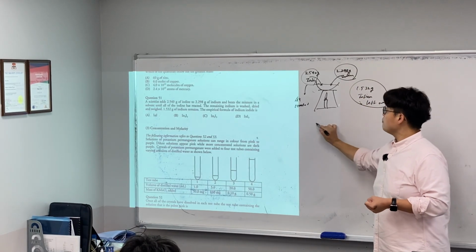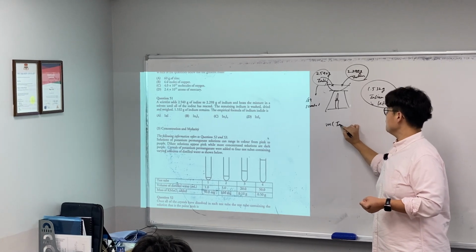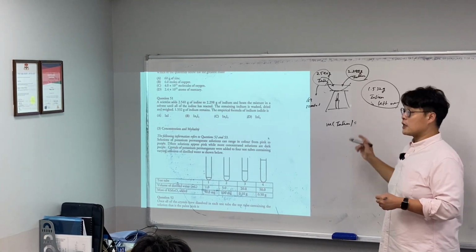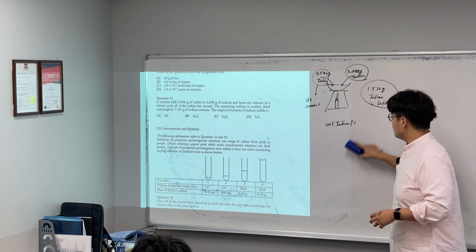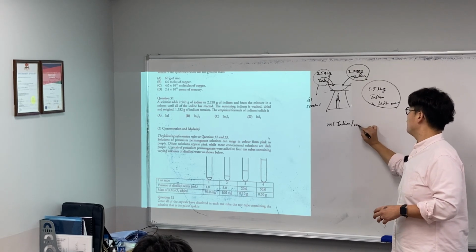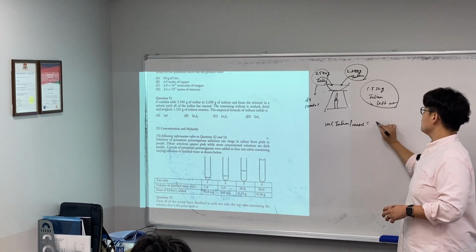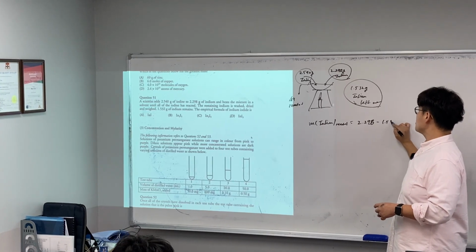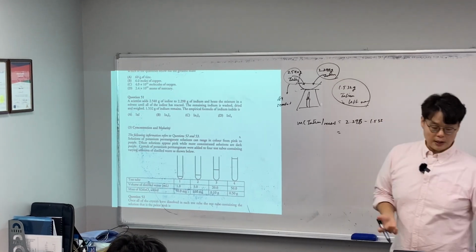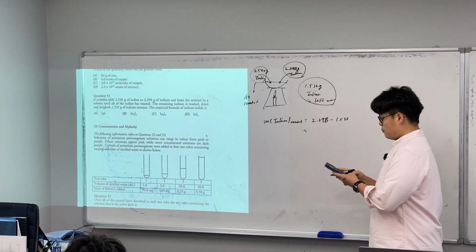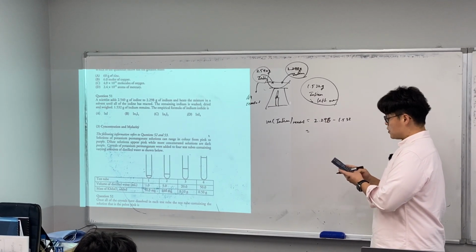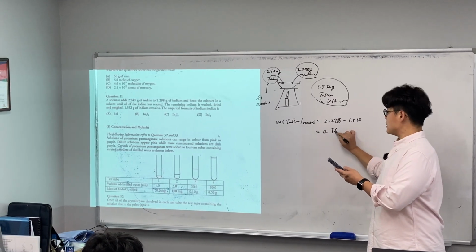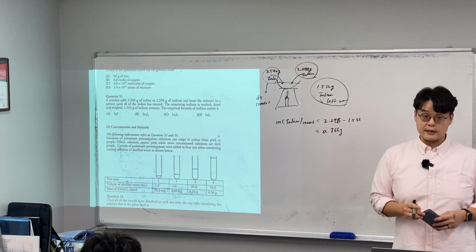So the mass of indium that reacted must be the total, 2.298 minus 1.532. This is how much indium reacted. So 2.298 minus 1.532, you'll get 0.766 grams of indium reacted.